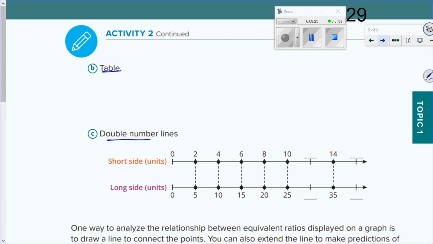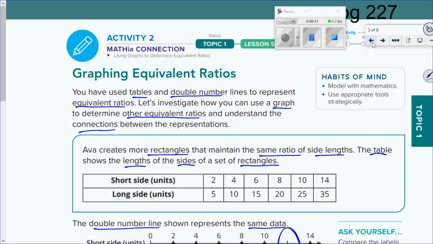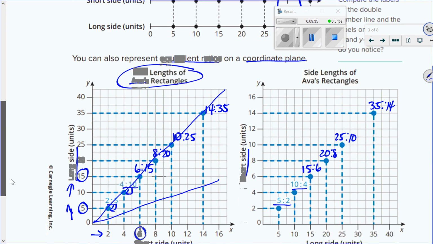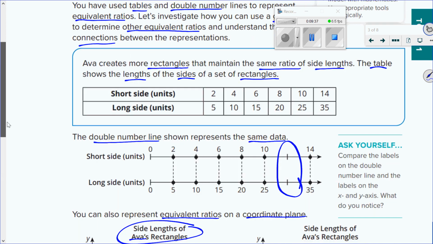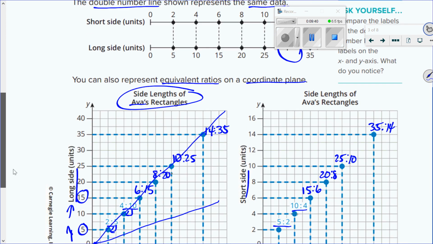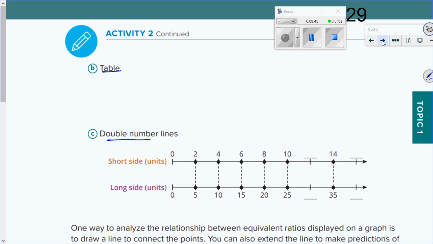Tell me how you can figure out those equivalent ratios. I can give you guys one hint. If you go back to 227, they've already given you all 3 formats. So you can look back at that if you're a little unsure on how it's happening. Okay? So do your best to figure it out on your own or as a table. But we want you to answer parts A, B, and C. We'll give you guys about 6 minutes to do so.